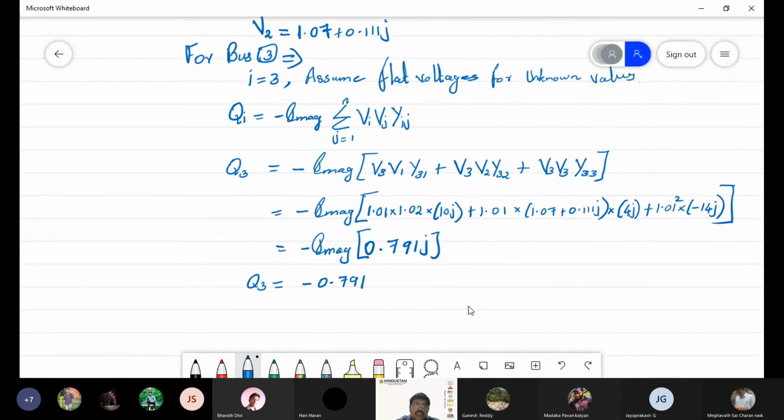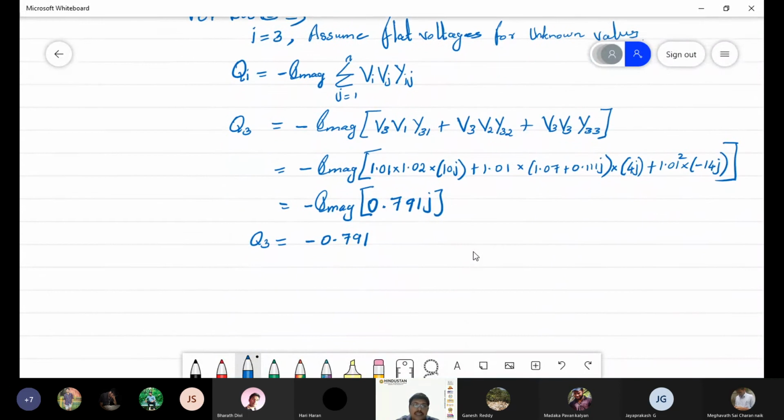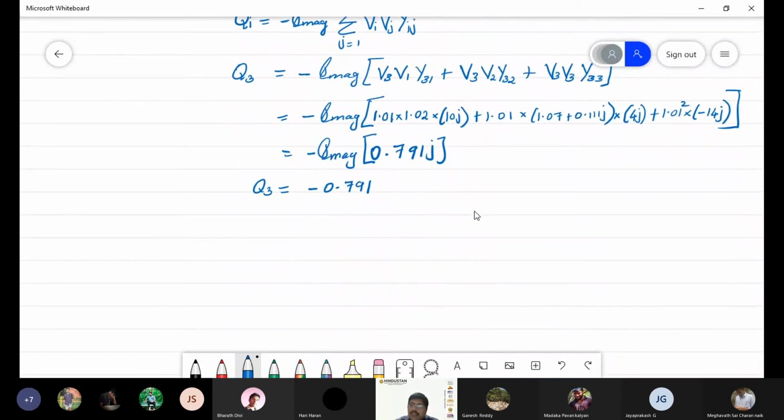Next, one more thing we need to find for bus 3 is del 3. Bus 3 P and V are given, and Q also we identified, but we need to find del 3, which is important.